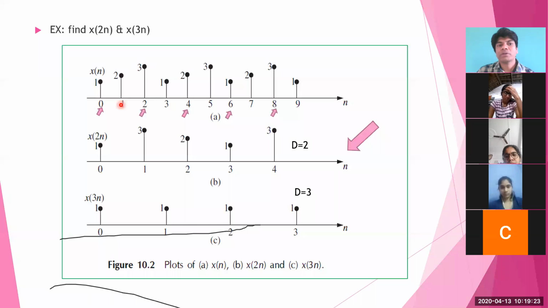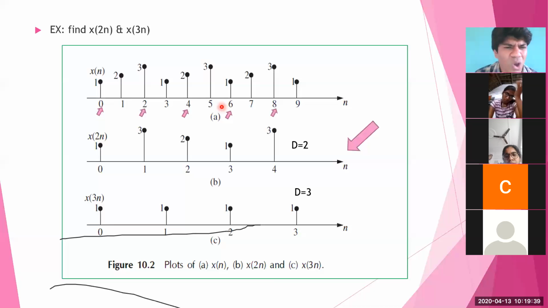Between these two successive samples, I have one sample, I'm dropping it. Next, I'm keeping this sample, I'm dropping this sample, as you can see. Like that, we will continue. And if you solve one or two examples, this concept will become more clear.